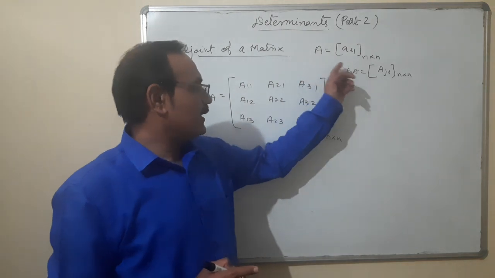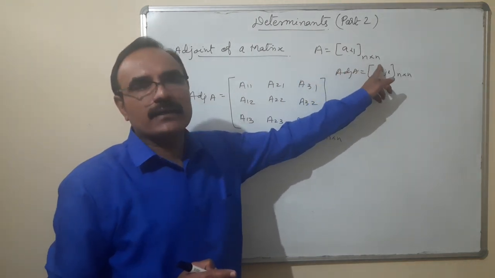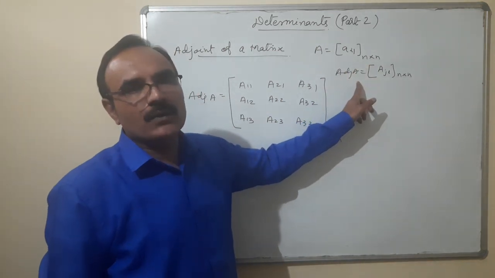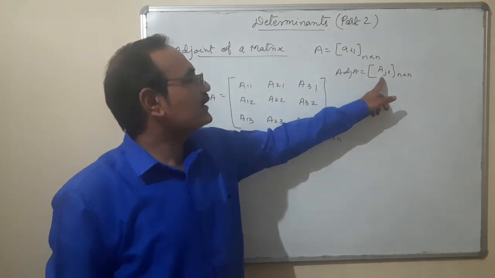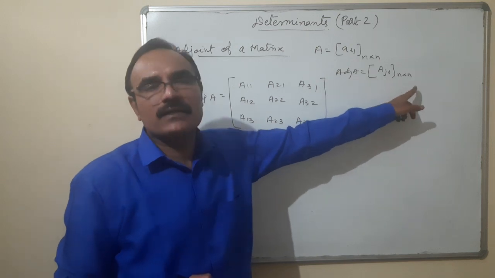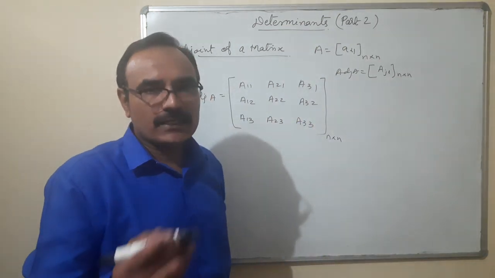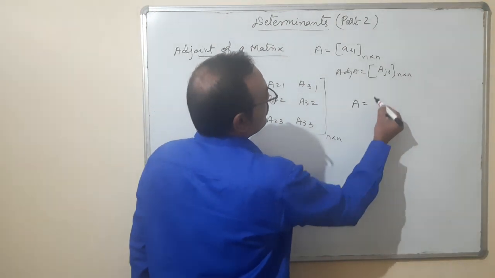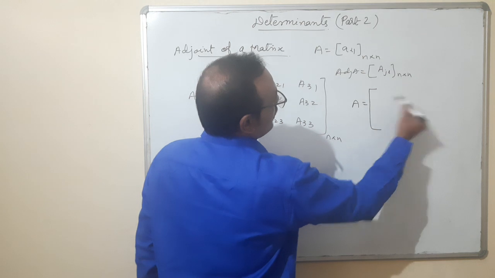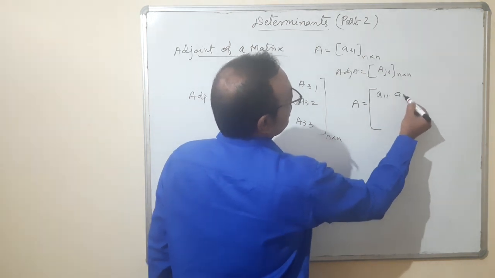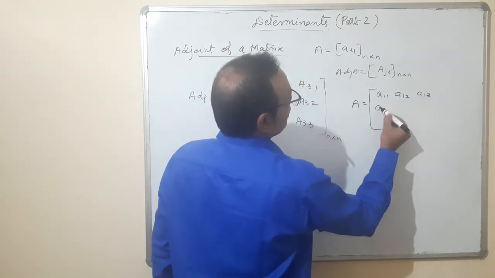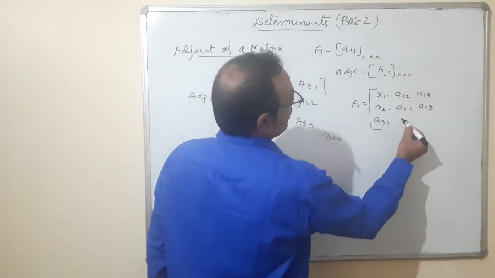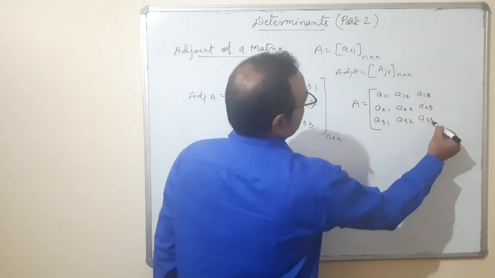If a matrix A, Aij, n cross n, is given, the adjoint of A is equal to the transpose of the cofactors, Aji, n cross n. Okay. Now let us take a 3 cross 3 matrix and I will explain. Suppose A is a 3 cross 3 matrix with a11, a12, a13, a21, a22, a23, a31, a32 and a33. What is it?